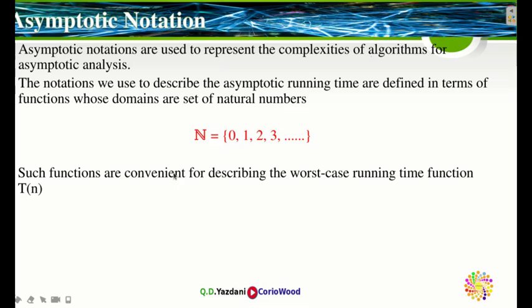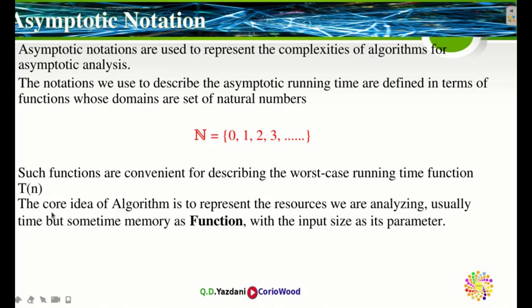Such functions are convenient for describing the worst case running time function T of n. The core idea of algorithm analysis is to represent the resources we are analyzing, usually time but sometimes memory, as a function with the input size as its parameter.